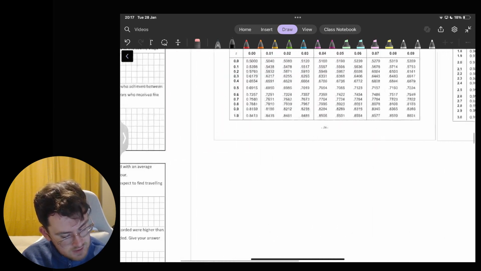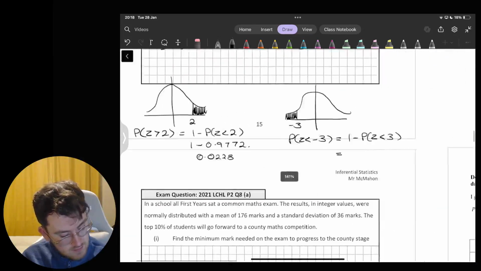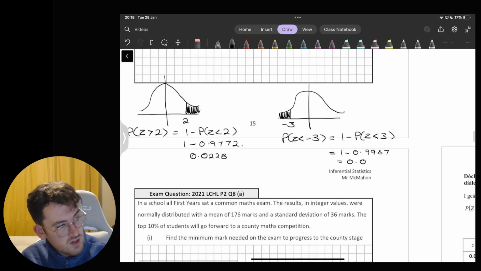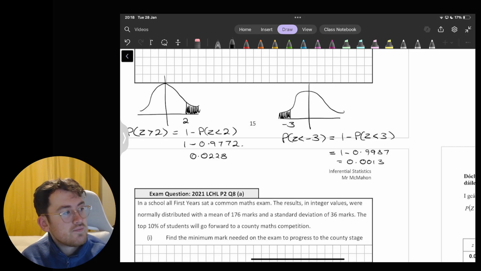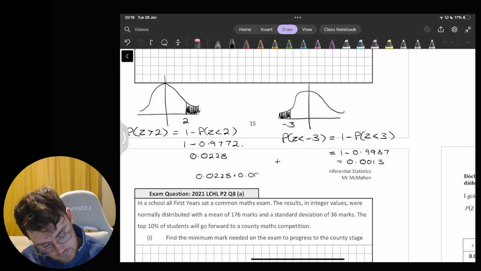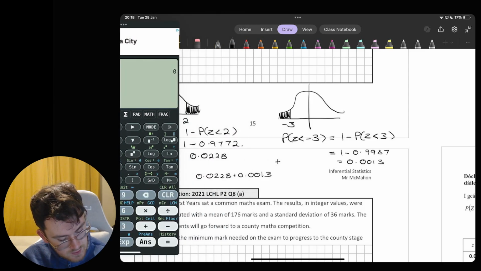The probability that it is less than 3 is 0.9987. So 1 minus 0.9987 gives me 0.0013. We can add the two together to work out the total probability.